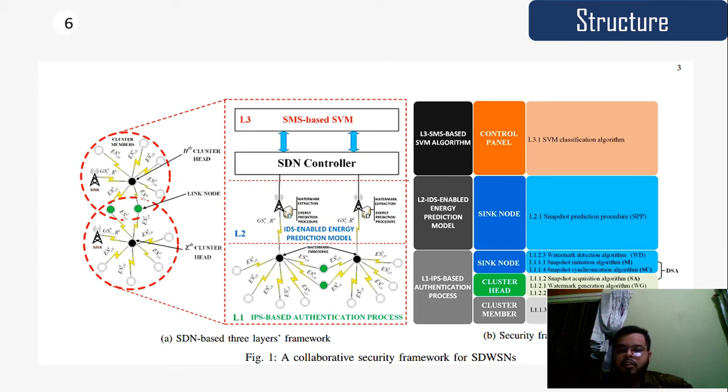The first part will provide some results, which will then be compared with the prediction procedure, and finally it will be implemented in the third part, the SMS based SVM classification algorithm, which is controlled by the SDN controller. We can see that each part is connected to each other.